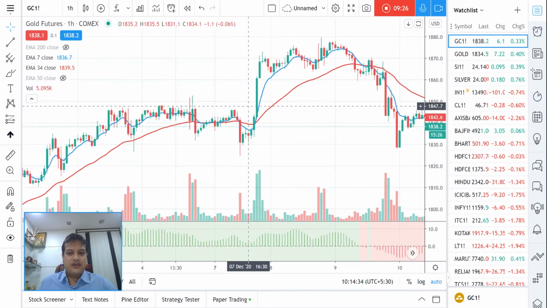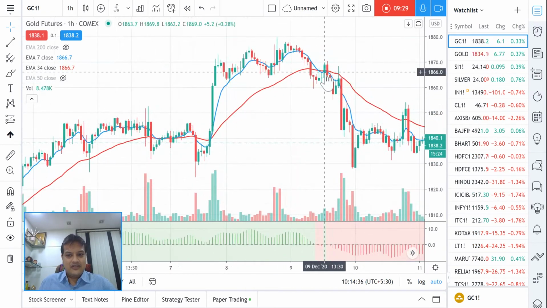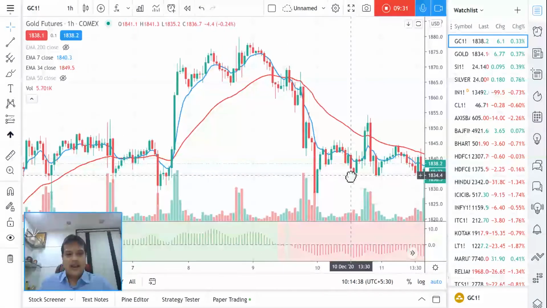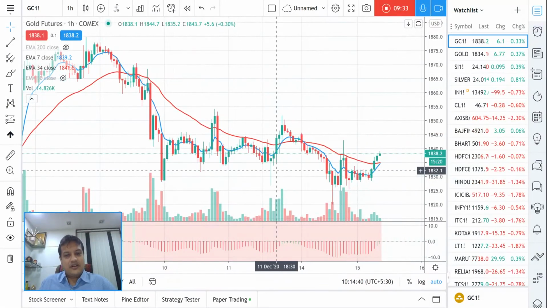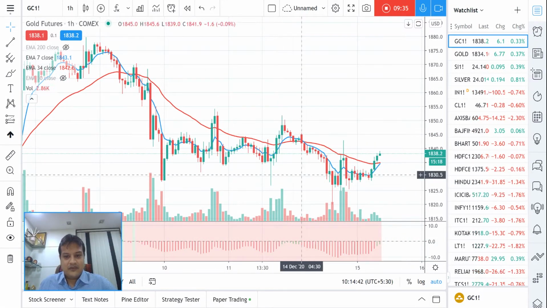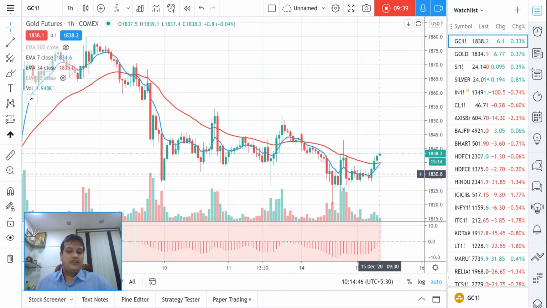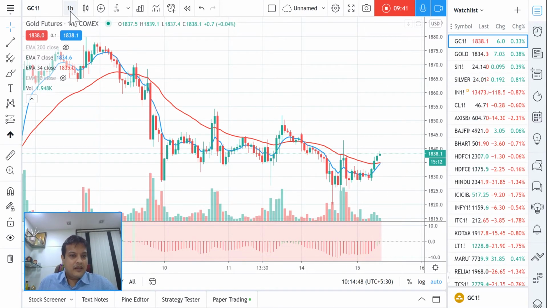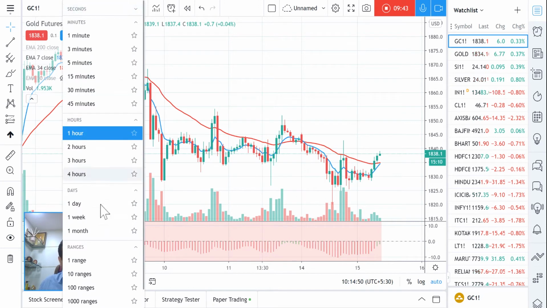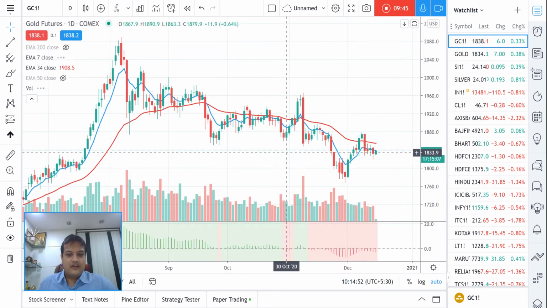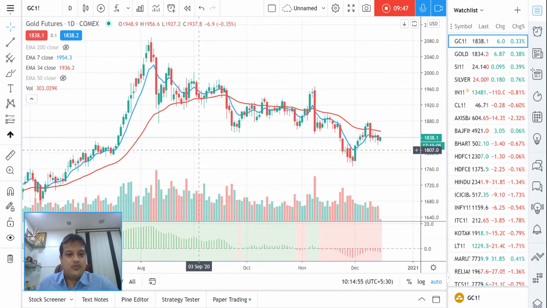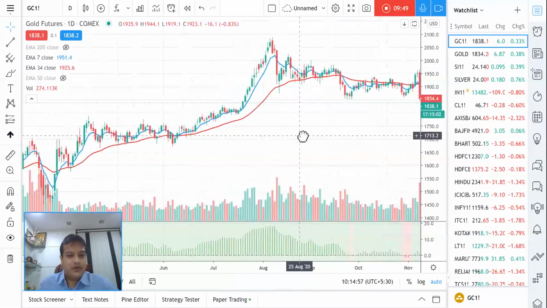You can just change over and understand that once the crossover happens, it moves in rallies. Now there are always false rallies also. In the 1 hour chart, this is still not in the buy zone; it is still coming into the buy zone. But if you want a real long move, you go for a daily chart. Once you have the daily chart, you really know what exactly is going on.